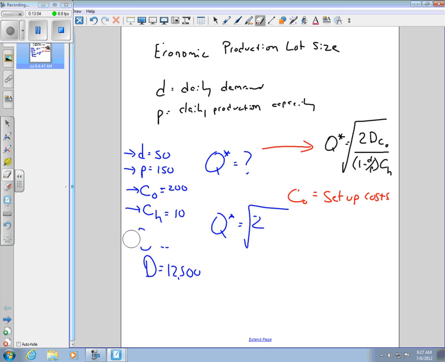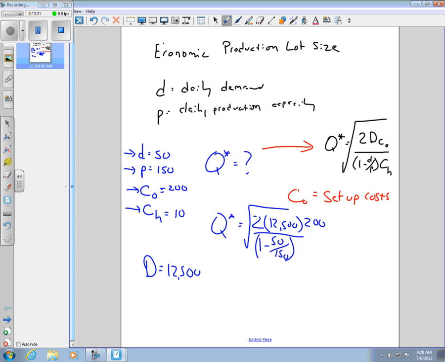Now, let's finish this problem out. So I've got 2 times 12,500 times 200 over 1 minus, with the ratio here being 50 over 150.